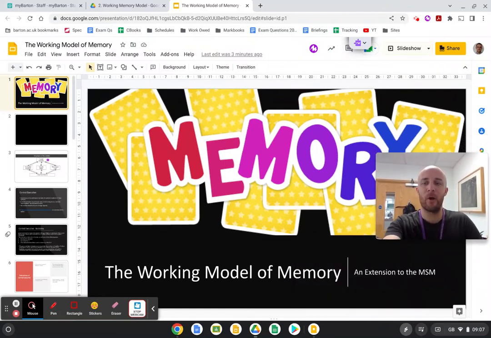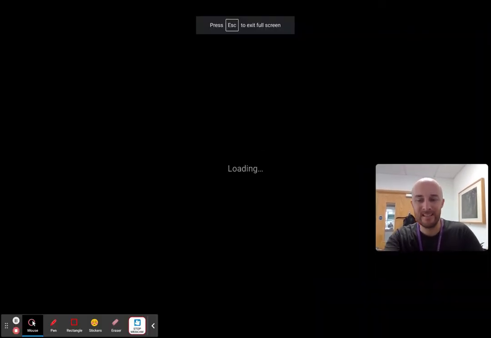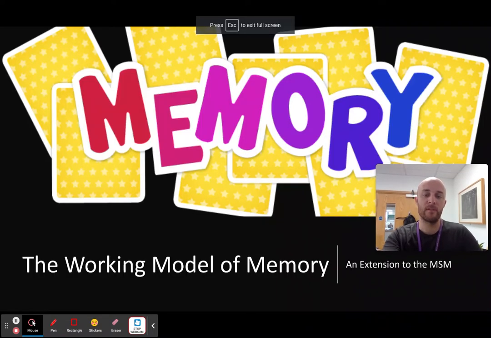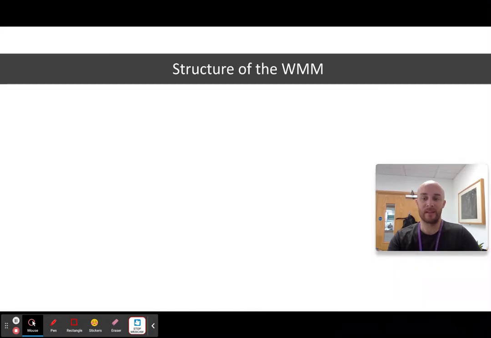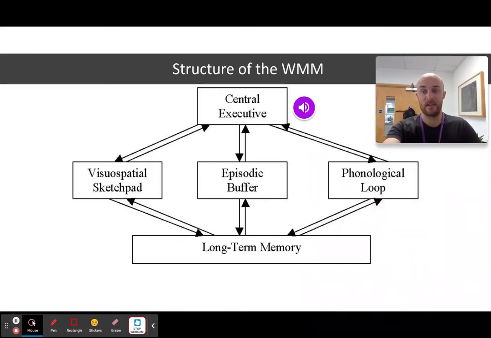It's not really an opposing theory. It's an extension of the work from the multi-store model, but the working memory model is exclusively about short-term memory. So everything I'm about to show you today is what happens within the short-term memory according to the multi-store model.